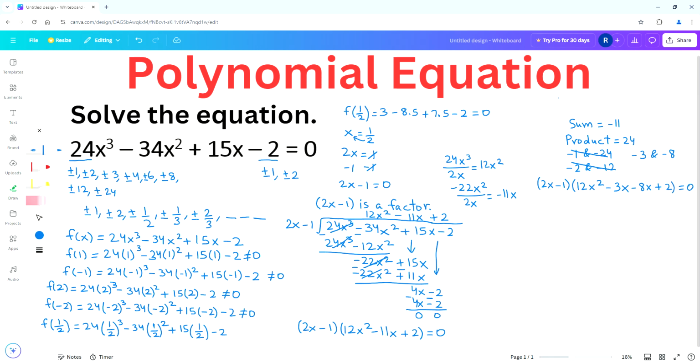Next, we can use the grouping method. We can pair up the first two terms and the last two terms. We have to find a common factor from each pair. From the first pair, we can factor out 3x. And we are left with 4x minus 1. From the second pair, we can factor out negative 2. And we are left with 4x minus 1.